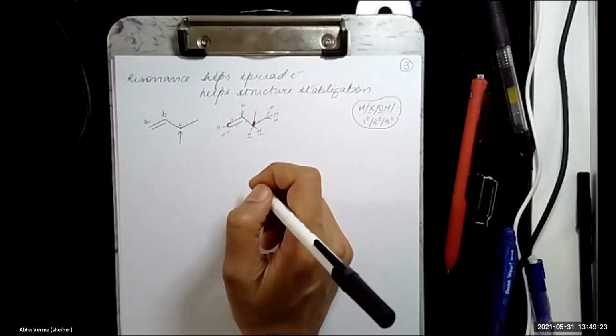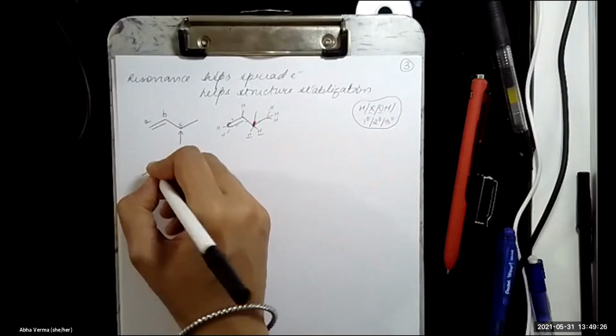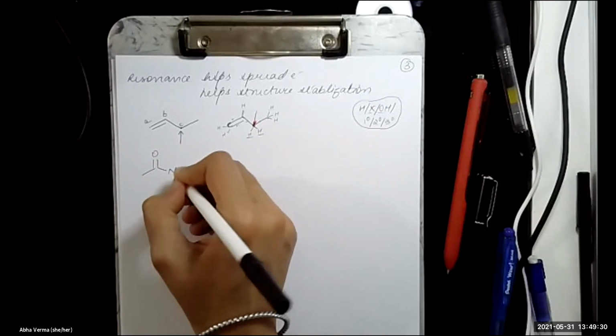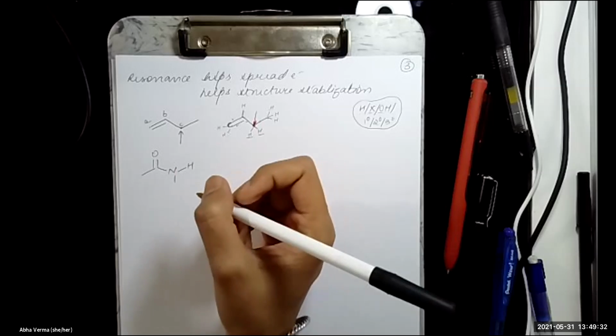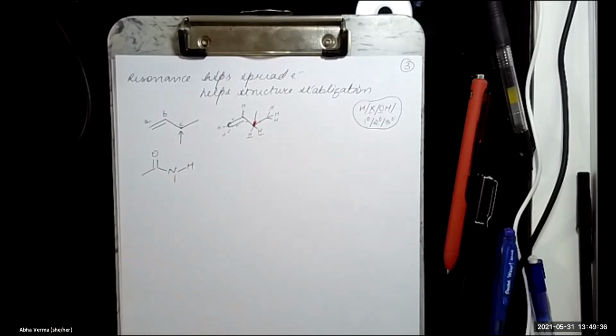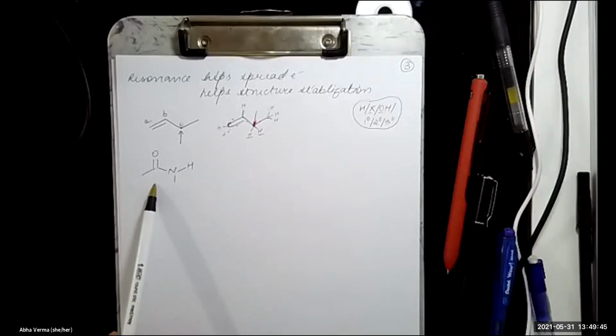Okay, let's try one more. Okay, tell me how many allylic hydrogens I have in this structure. Go ahead and draw it. How many allylic hydrogens are there?